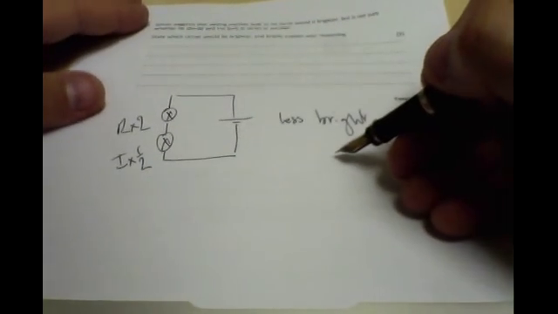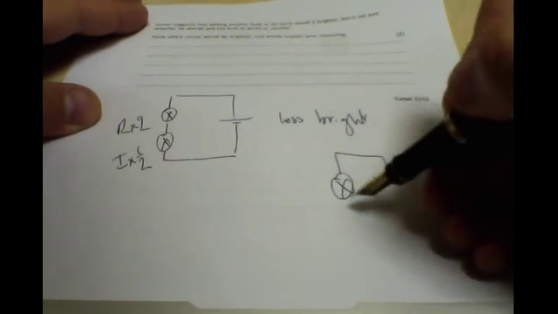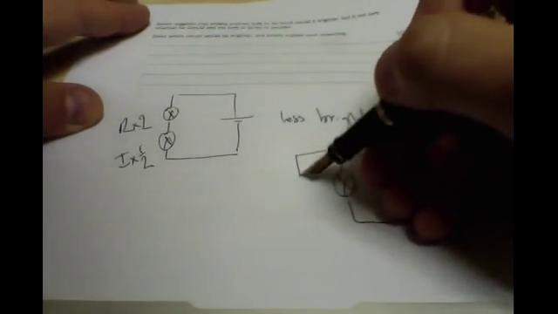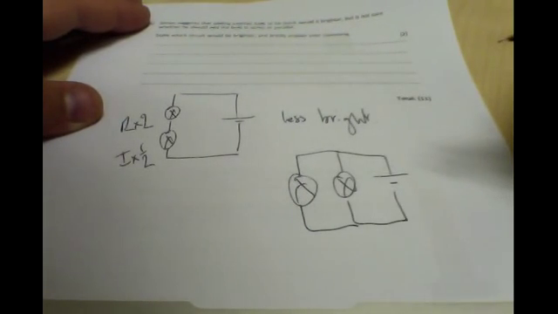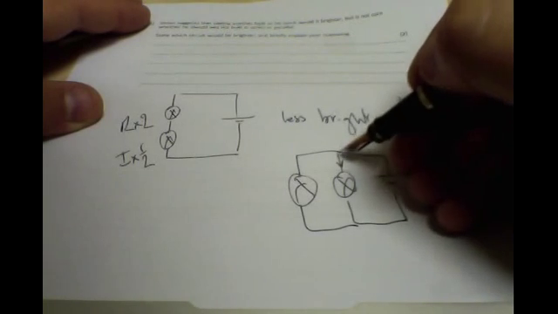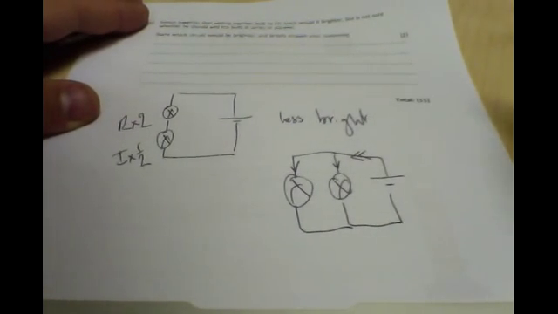So therefore the only other way of doing it is in parallel. So therefore in parallel what happens here is each bulb gets the same voltage across it, and the current through this one is the same as the current through this one, as if neither were there, and so therefore you've got more current flowing out of the battery.